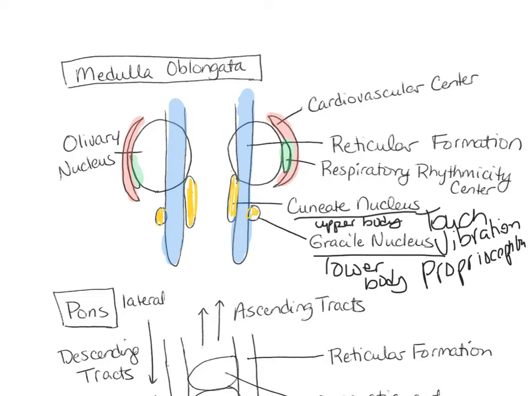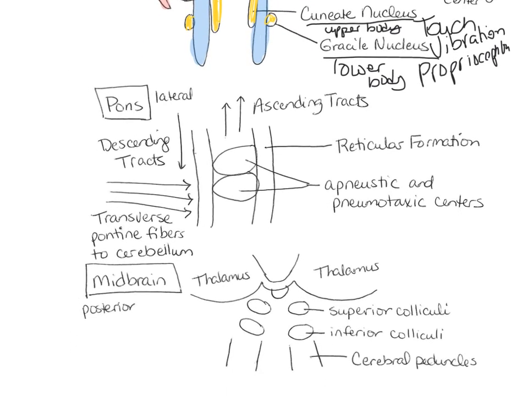So when you try to think of ways to memorize this, graceful, she's graceful when she walks, right? So just come up with little ways to memorize these things. All right, so that's our medulla oblongata. There's a couple of other nuclei in there. I'm not going to go through all of those because we've got a lot of other things we have to cover. Right, then we're going to look at the pons, and the pons is right above the medulla oblongata.